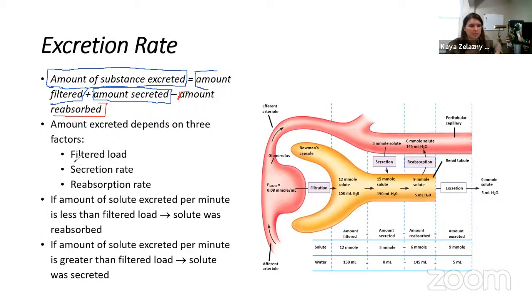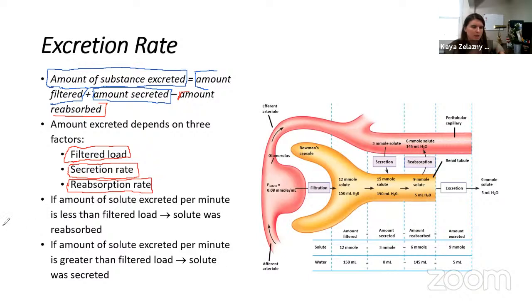Basically we're tracking three factors: the filtered load, which is what's getting into the nephron; the secretion rate, which is all the sort of fiddly regulated putting of ions and things back into the urine that happens; and the reabsorption rate. So we're subtracting out whatever we move from that filtrate, from the liquid that's going to eventually be urine, into the blood.